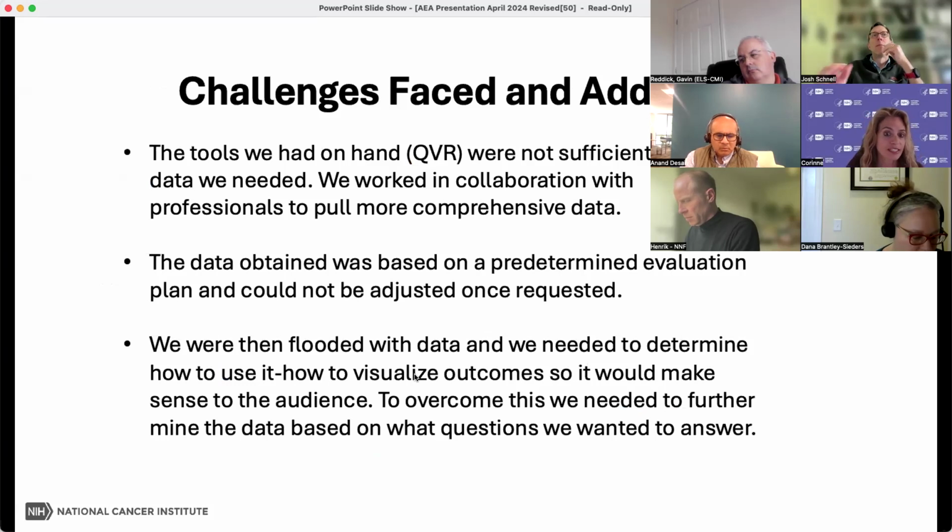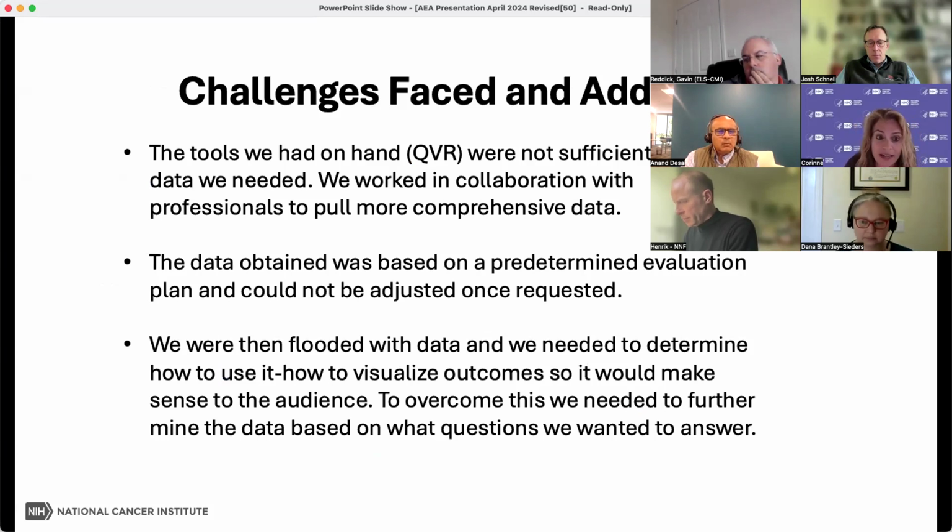So here's where I'd like to switch gears a little and talk about the actual preparation and data analysis part of the project. We faced several challenges to our project, and I have them listed here. We met as a working group initially to decide on timeframes, what questions to ask, what data we needed.